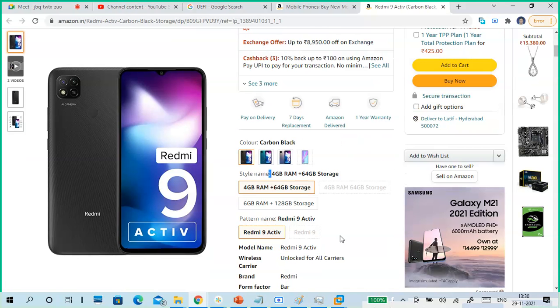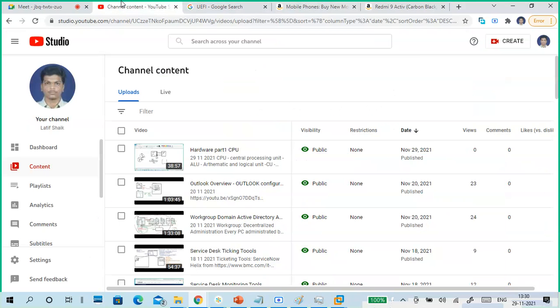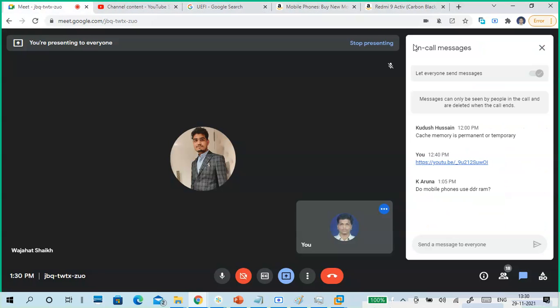RAM is like a chip only, it is embedded into the chip. And if you want to add extra RAM, you can insert a new RAM in it. Okay, so separately you can also insert it, but it is embedded into that one, similarly like your mobile phone. Recently we are getting that kind of stuff.